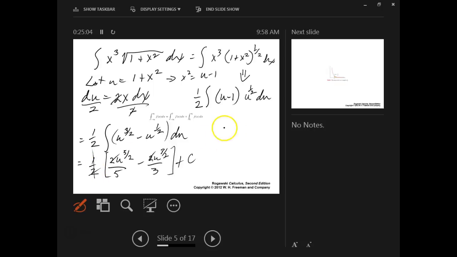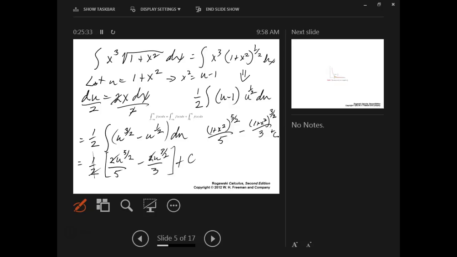So you have u, which is what? Okay, 1 plus x squared to the 5 halves power over 5 minus 1 plus x squared to the 3 halves power over 3 plus c.